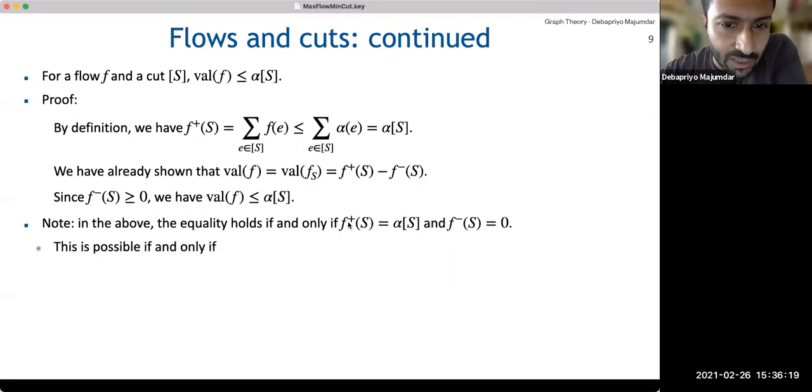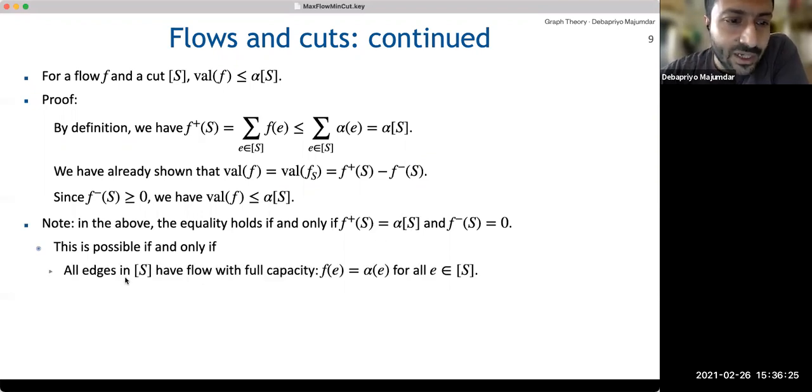So this is possible. Let's actually derive more from this. This is possible if and only if all edges in the cut have flow with full capacity, because of this inequality, right? So Fe has to be less than or equal to alpha E. If the equality is only possible, each of them has to be at full capacity. Fe has to be equal to alpha E for all.